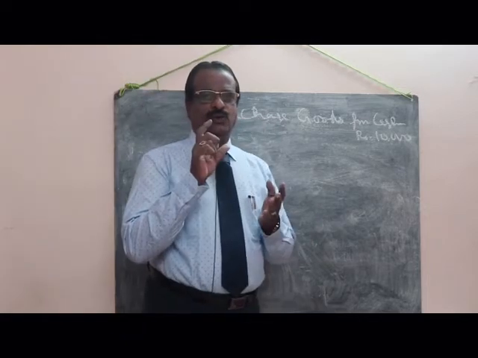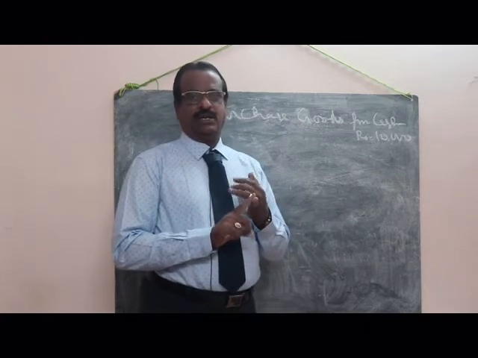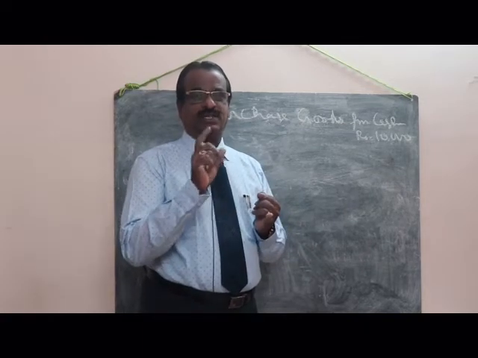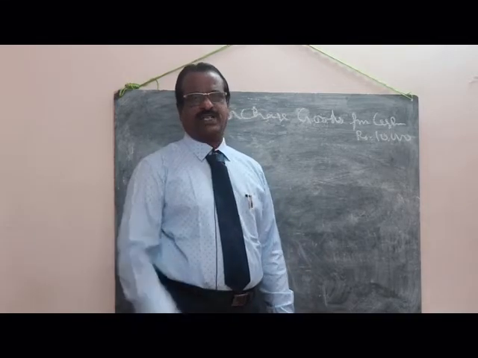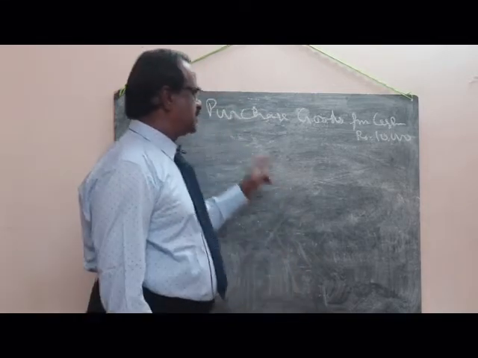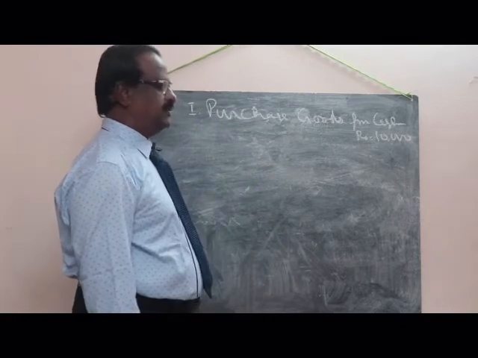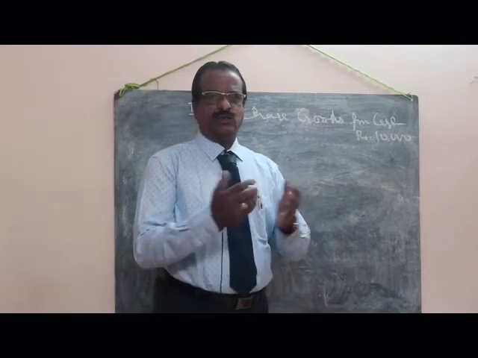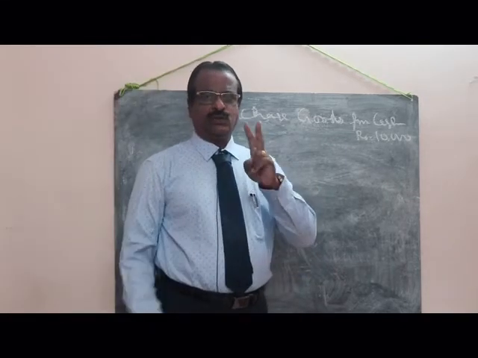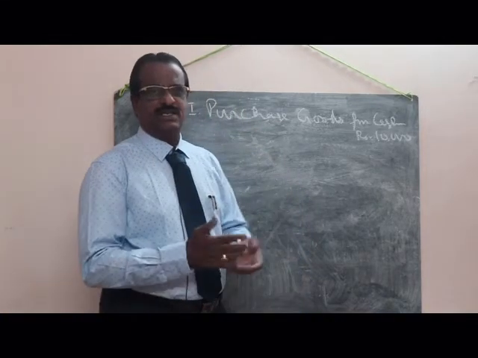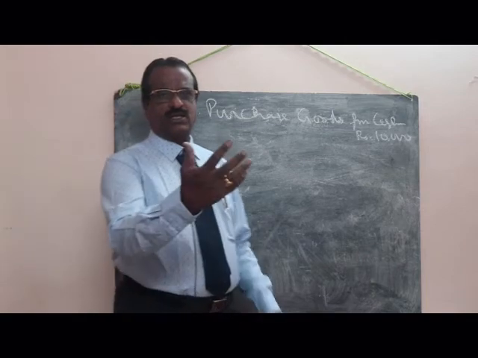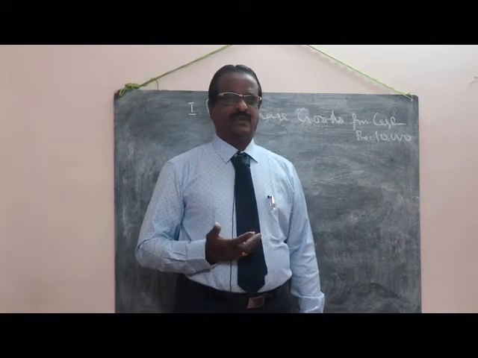First you know the meaning. You must find out what is the transaction. Number 2, what is the meaning of the transaction? Purchase goods for cash means we are purchasing goods. So there are 2 aspects. One is we are purchasing goods, which means goods comes in.